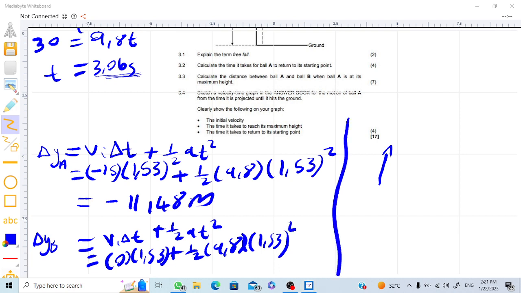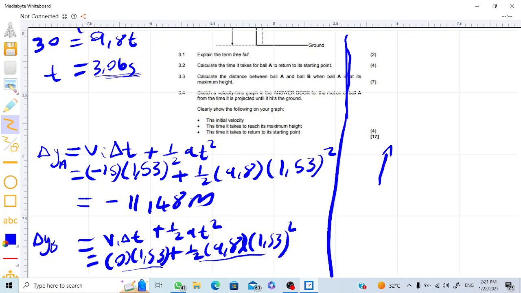Okay, when you punch everything else, this is 0, then this will give you something different. When you punch it into the calculator, you will realize that YB is equals to 11,47 meters. It's positive because it's going downwards.